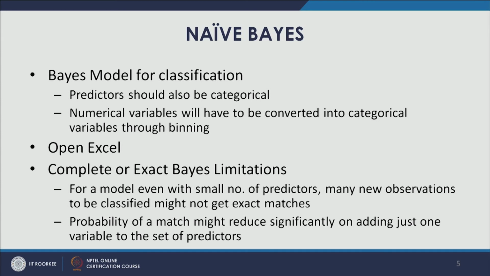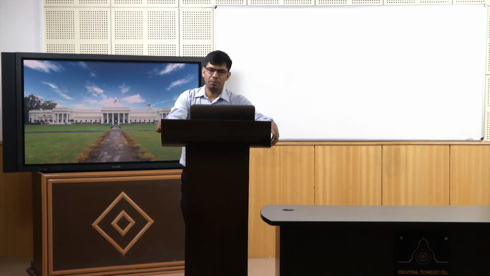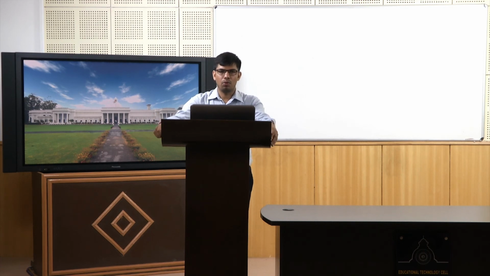As we talked about with an example, even if we have a small number of predictors, we talked about only 4 or 5 predictors: the gender, the hometown, and the undergraduate program that he or she might be enrolled in, then the particular course that he or she might have taken, then the grade in that particular course. So 4, 5, 6 variables.